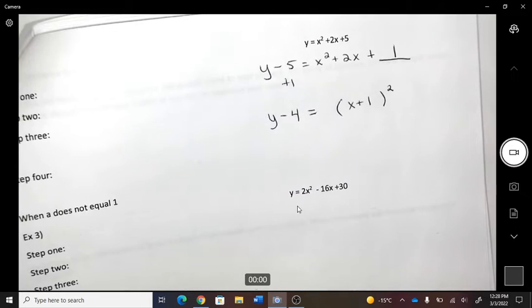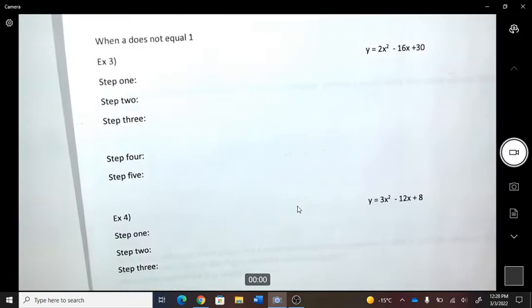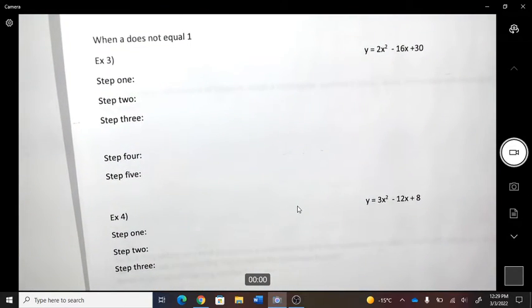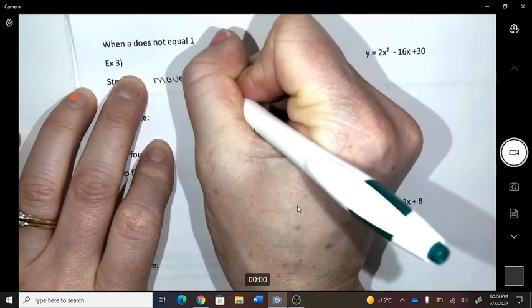So now you're going to get to a slope that's not 1. So we're going to add a step in here. So step 1 is the same.